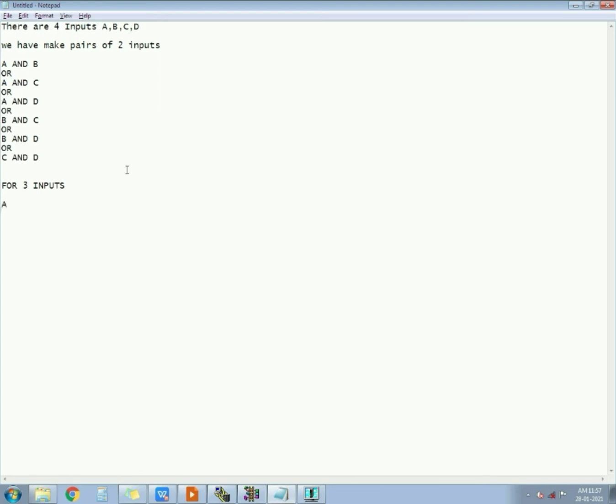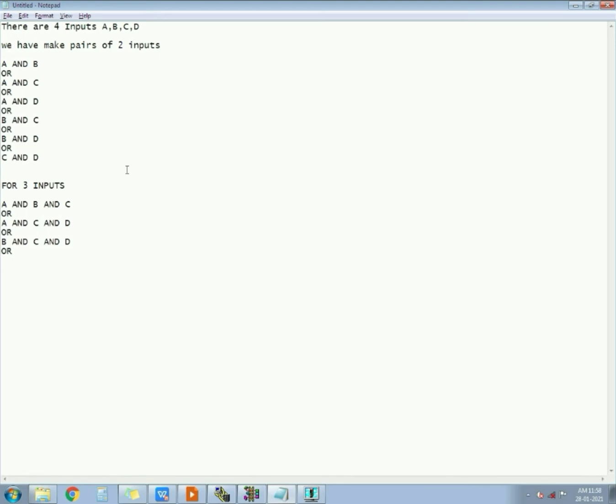It would be A and B and C, or A and C and D, or B and C and D. ABC, ACD, BCD, and what else is left?